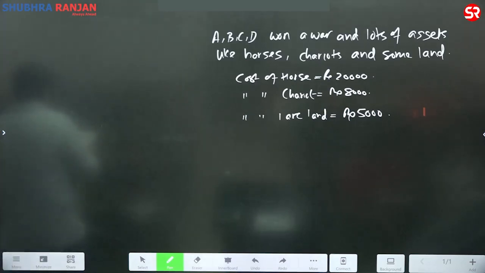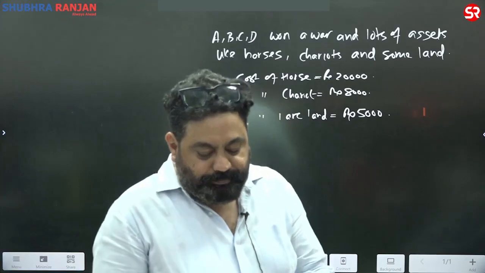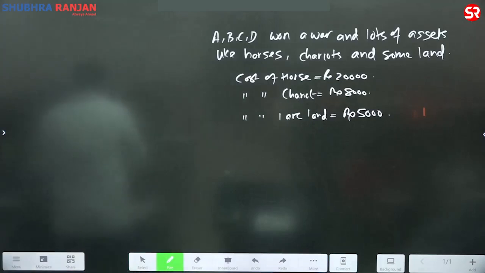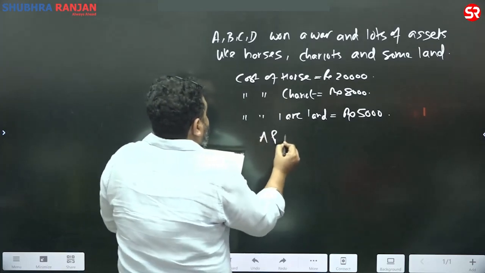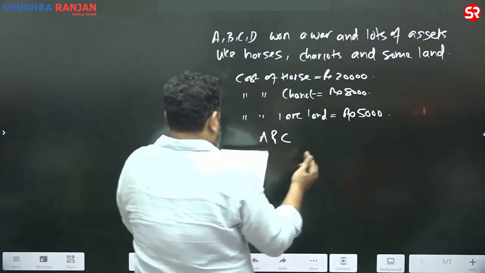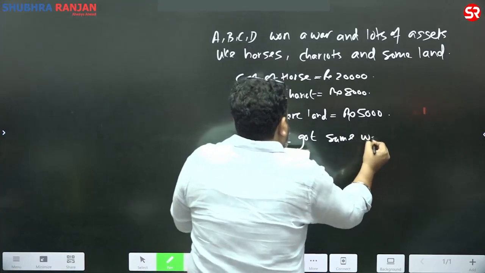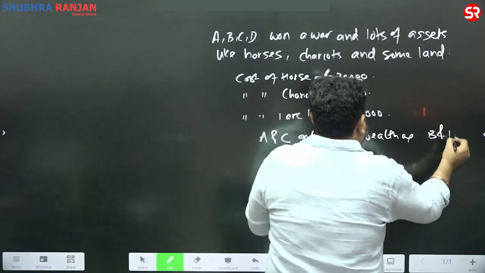So, all property was shared between A, B, C, and D in such a way that A and C got same wealth as B and D together.